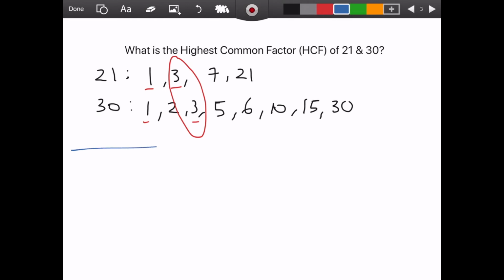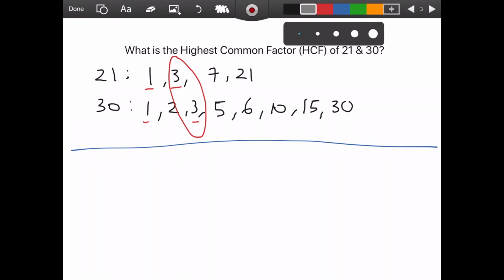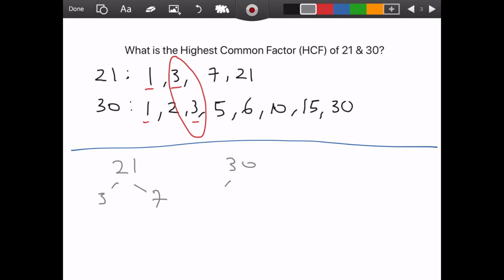There is another method to solve this problem, and that method is again prime factorization. So you have guessed by now, it should be a faster method, right? Prime factorization. So 21, what is the prime factor that is divisible into 21? 3, right? Times 7. Alright, what about 30? 30 we have 2, we get 15.